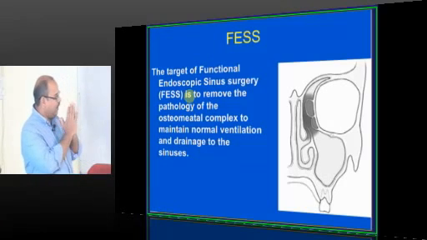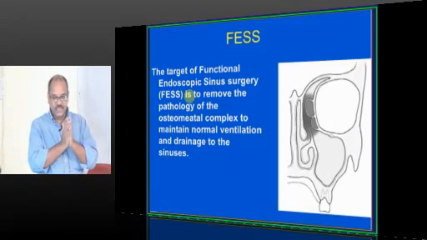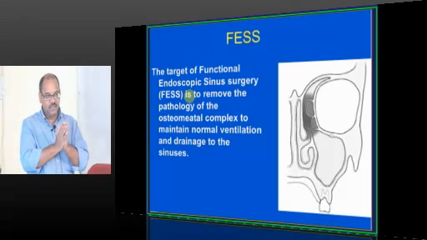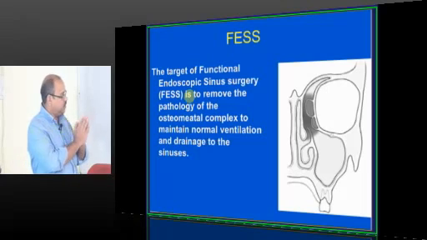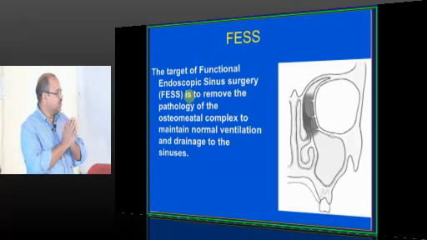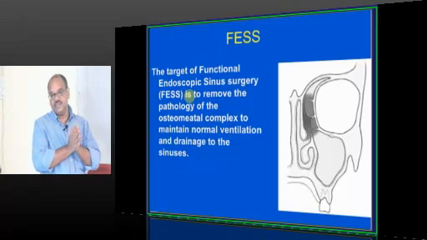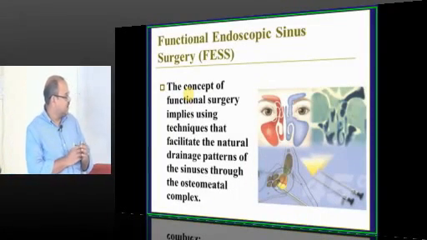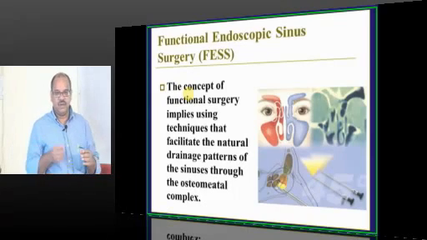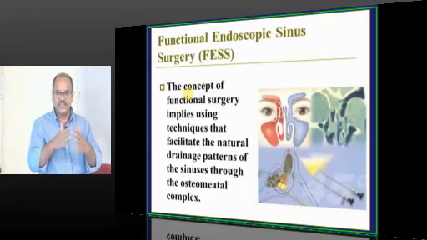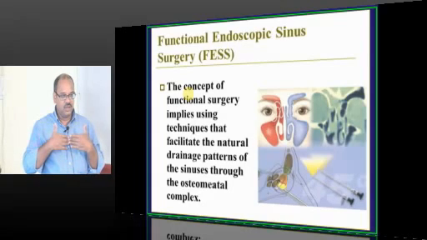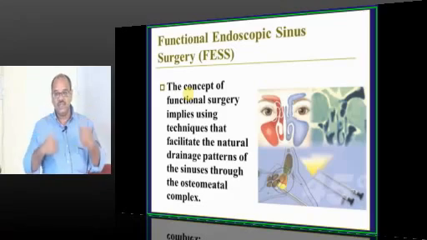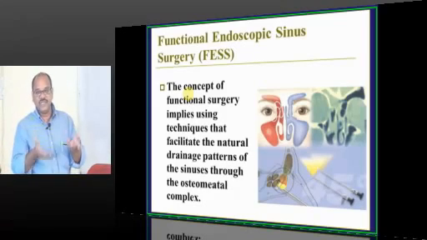When you preserve the natural anatomy and the mucosa, the drainage of the sinuses will be very easy. So functional endoscopic sinus surgery facilitates the natural drainage process. You are facilitating it, not removing or replacing it.